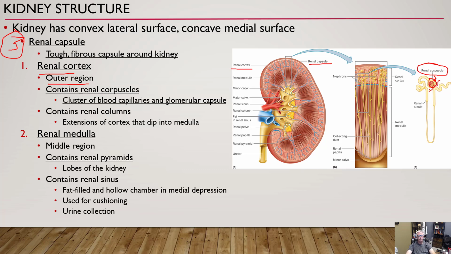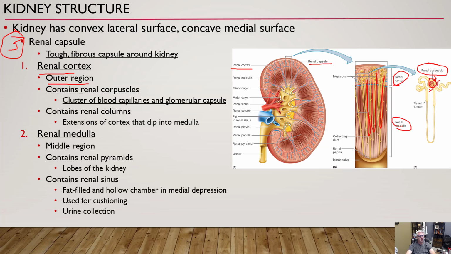But it also contains these renal columns, which are extensions of cortex that dip into the medulla. And we'll talk about these renal columns as well. But you can see here, there's the renal medulla, there's the renal cortex, and you can see how these things dip down into the renal medulla.